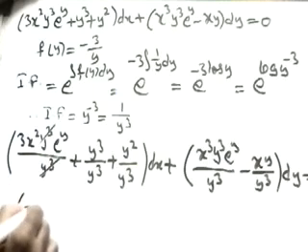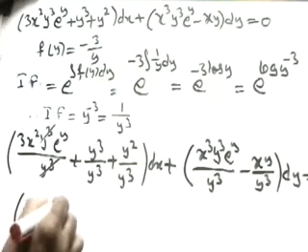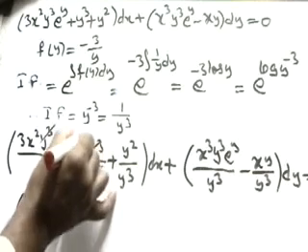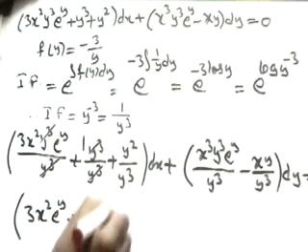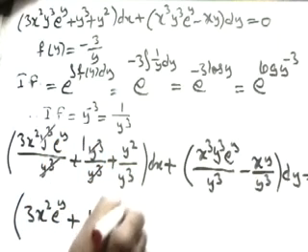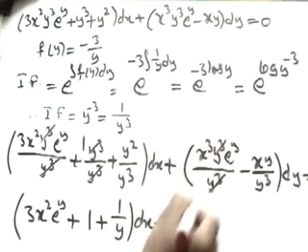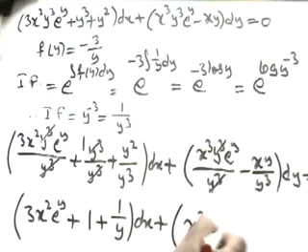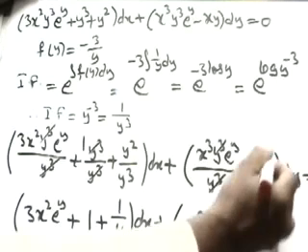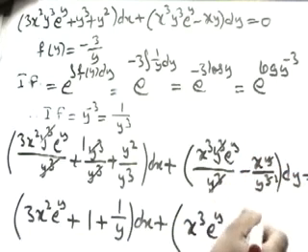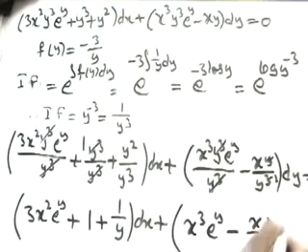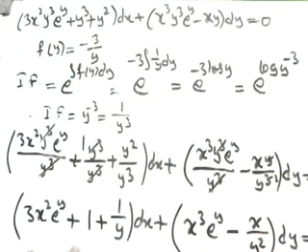Now let me cancel this y³, what is left here? 3x² e^y plus, this will get cancelled, 1 plus, if you cancel this, it is left with 1 by y dx, plus, now cancel this one, you are left with x³ e^y minus, if you cancel, you are left with x divided by y² dy equals 0.